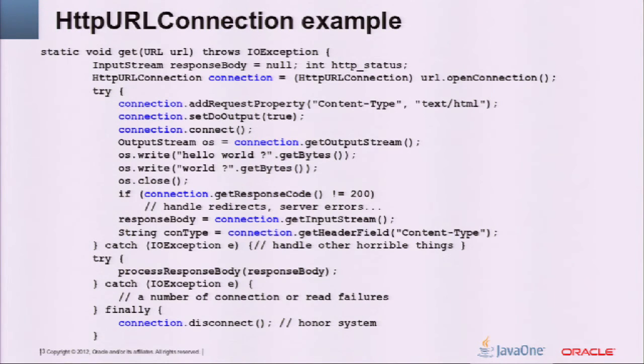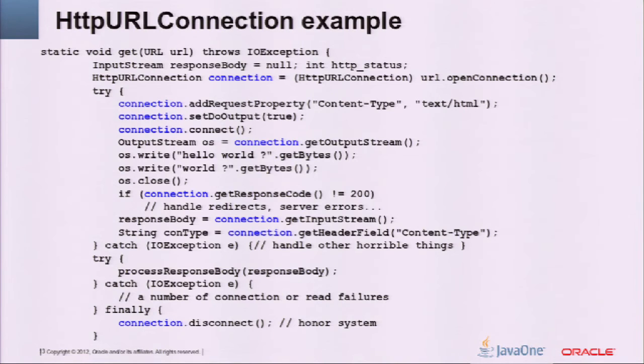Here we're just setting the content type of the request body to be HTML. On the connection class, because we're going to put a little request payload, a request body in, we happen to have to set a flag on this connection object to say I'm going to put a payload on the request. Then we connect, then we open an output stream, we write the request body, and then we close that output stream.